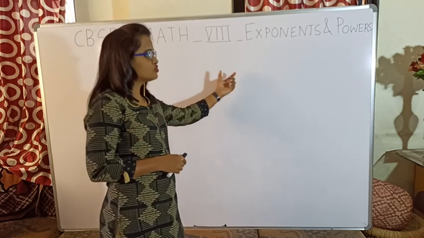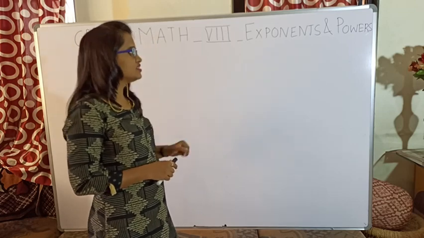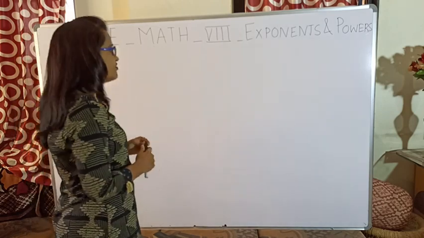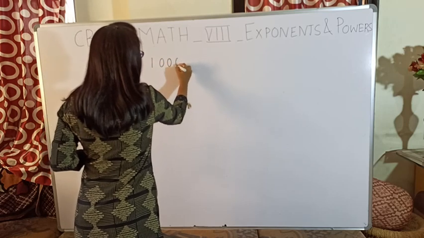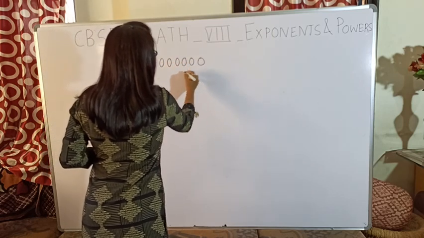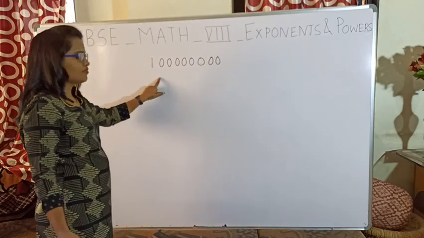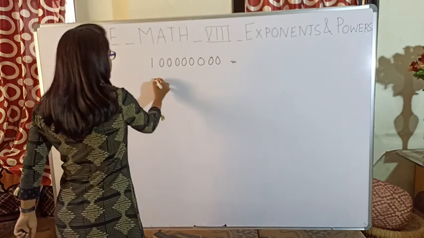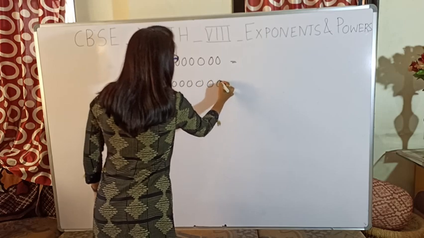So before proceeding to every concept which we will be learning in this topic, let us see why we need exponents in our mathematics. Suppose I want to write a number which consists of 8 zeros, or I want to write a number which is very small.